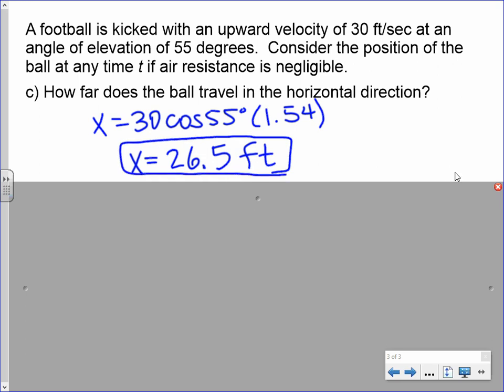Okay. So how far it traveled, we needed to know when it hit the ground so we could plug that into our x equation. Okay?